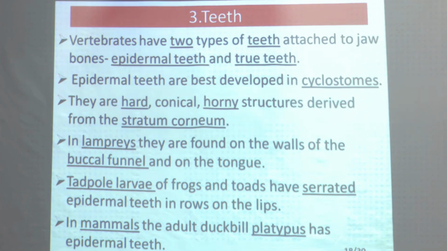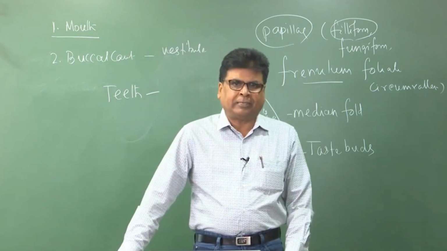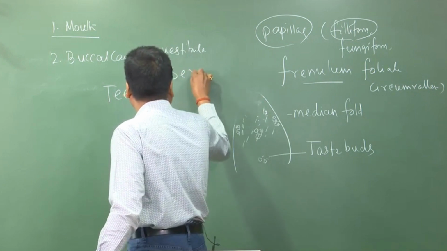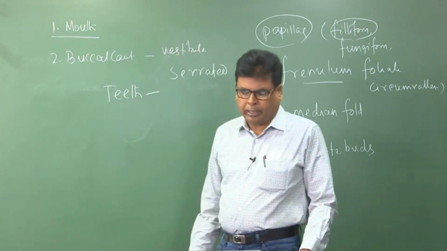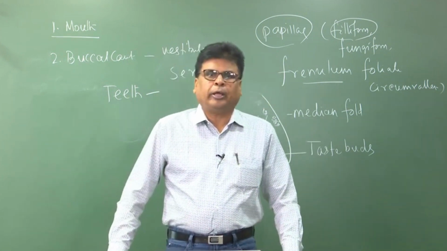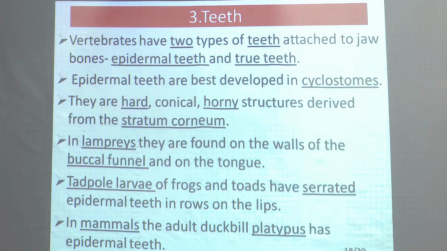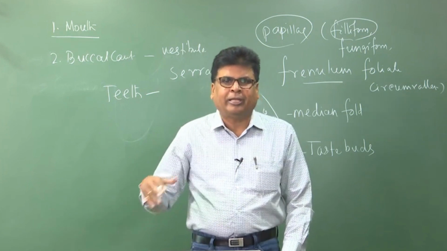So a number of serrated teeth are present at the lip of the larvae. These are also epidermal teeth. And in mammals, not the higher mammals, the adult duckbill platypus has epidermal teeth. So this is all about the epidermal teeth.